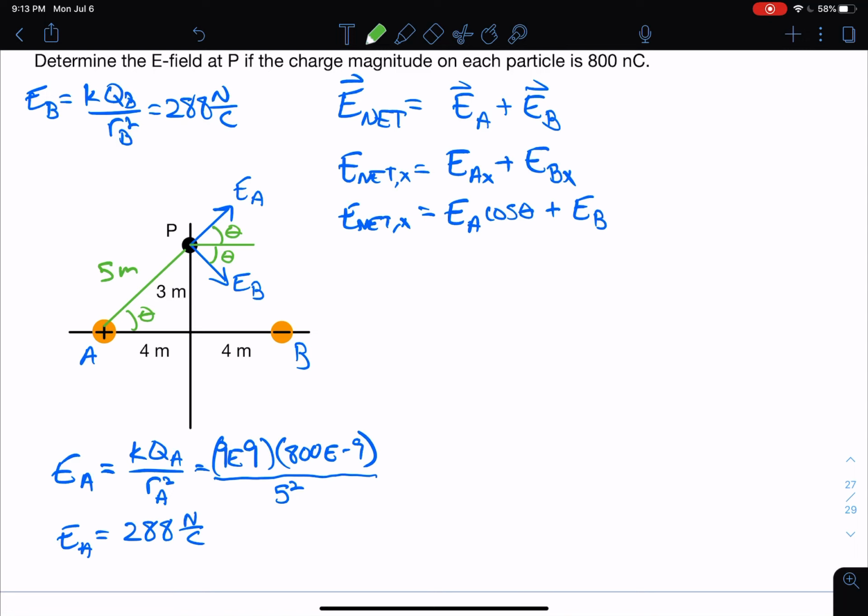Because if I draw this here, this angle here has got to be the same as this one. I know that this angle and this angle have to be the same because these are similar triangles. They have all the same sides, which means they have all the same angles. And since this is horizontal and this is horizontal and they're both relative to the same line, they both have to be theta.